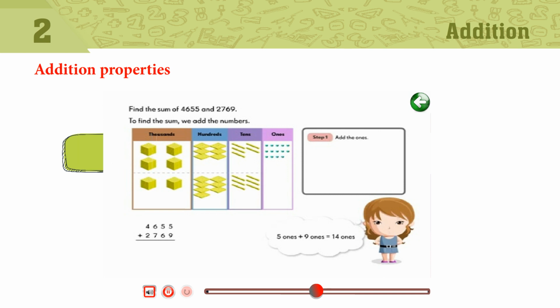There are more than 10 ones, so we need to regroup the ones. We regroup 14 ones as 1 ten and 4 ones. Next, we add the tens.